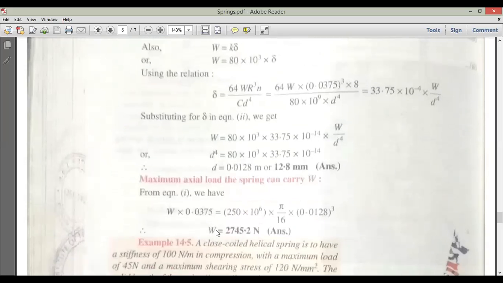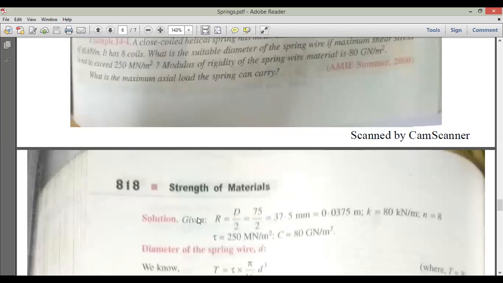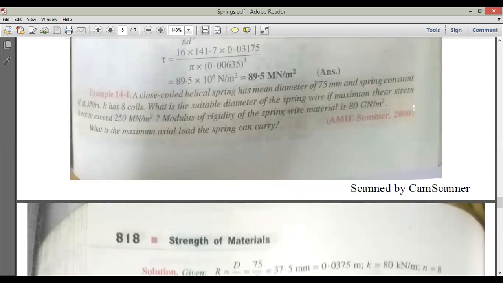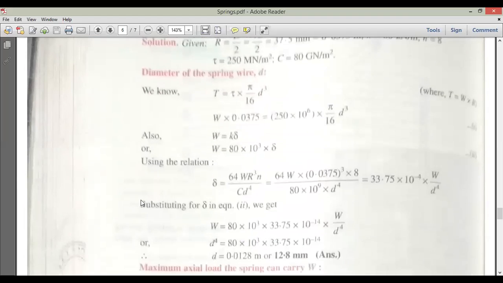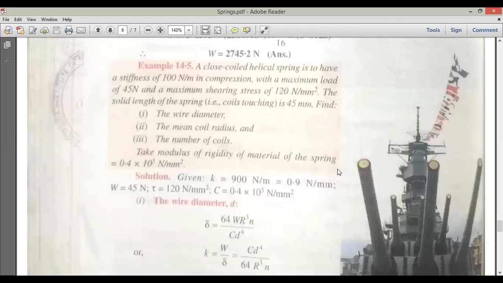So this way we have found W. This is the weight, 2745.2 Newton. This is the weight applied for these conditions where we have to develop a maximum shear stress of 250 meganewton per meter square. So this is the case, and we have solved another example here.